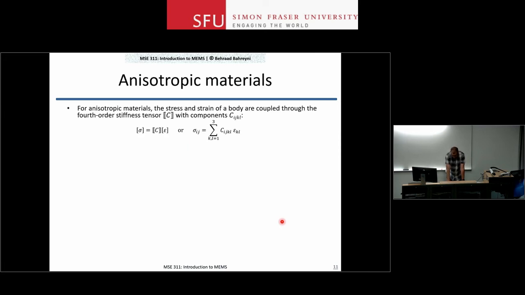Now, what we said so far was for isotropic materials, but the material that is the most important to us is silicon. We have already discussed how to make crystalline silicon, and wafers are made of crystalline silicon. We have different orientations and all that.